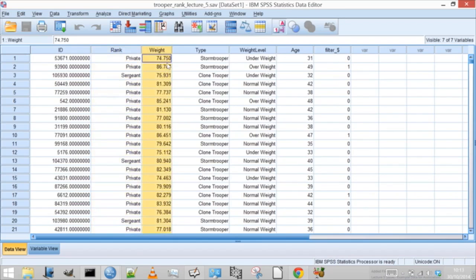We have their weight, which was recorded. We have their type. We're not using that anymore. And now we've got this new variable, their weight level. So let's suppose that instead of recording everyone's weights, we actually just recorded whether they were underweight, normal weight, or overweight by some set of predefined criteria that we would have stated in our materials and methods section.